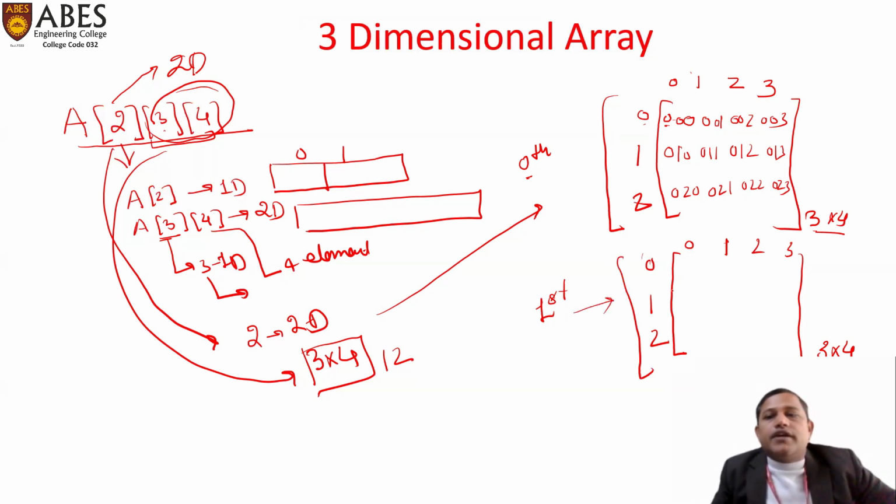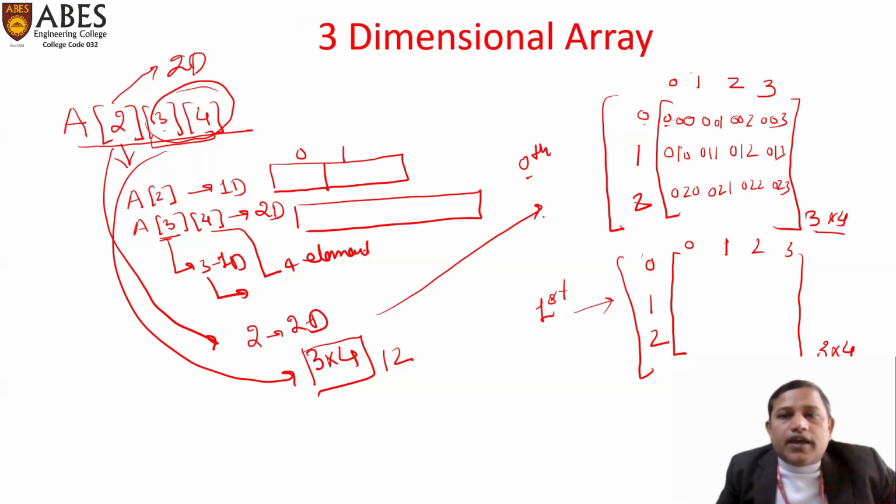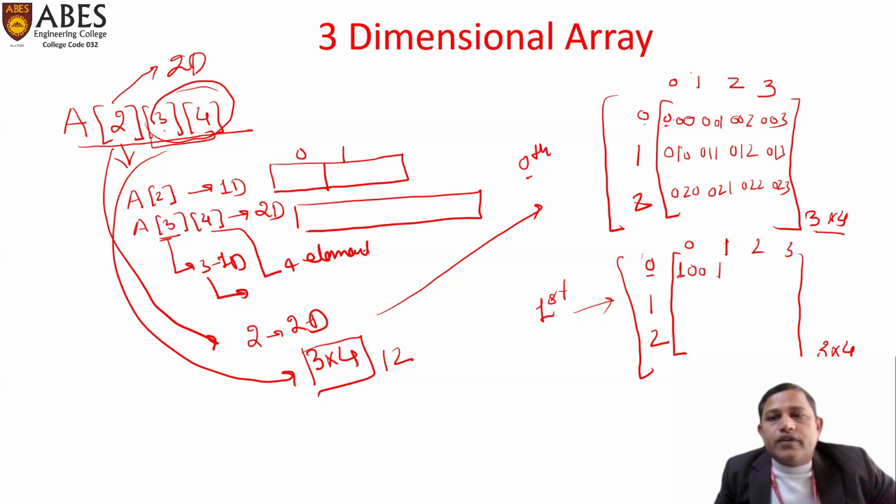And the next location is represented with the first two-dimensional array. First you write 1, then row 0, then column 0: 1 0 0, 1 0 1, 1 0 2, 1 0 3.